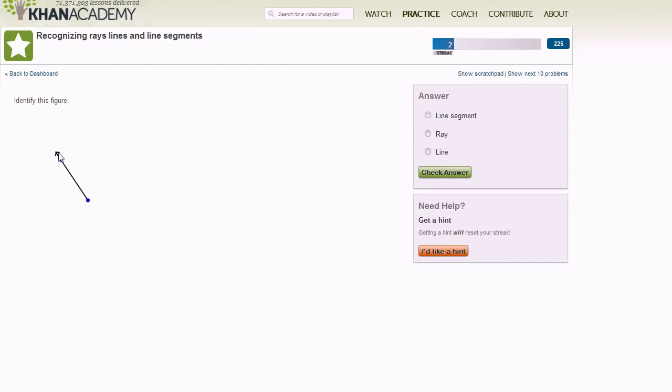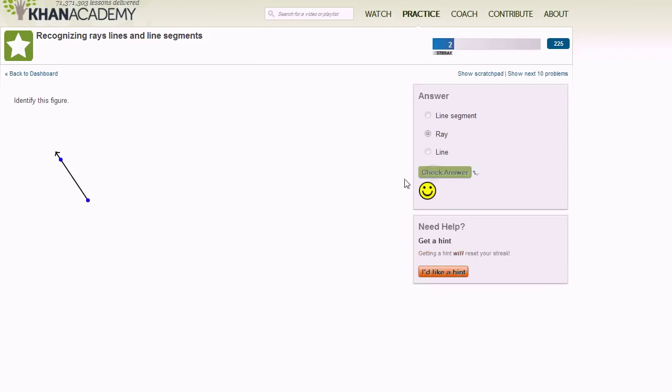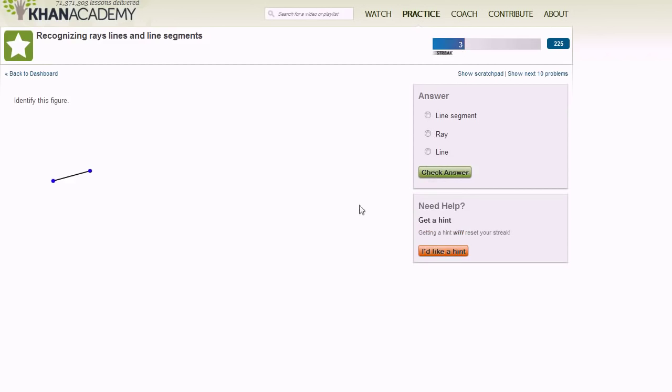Here, we have one arrow, so it goes on forever in this direction, but it has a well-defined starting point. So it starts there and then goes on forever. And if you remember, that's what a ray is. One starting point, but goes on forever. So one way to think about it, it goes on forever in only one direction. So that is a ray. So let's do another question.